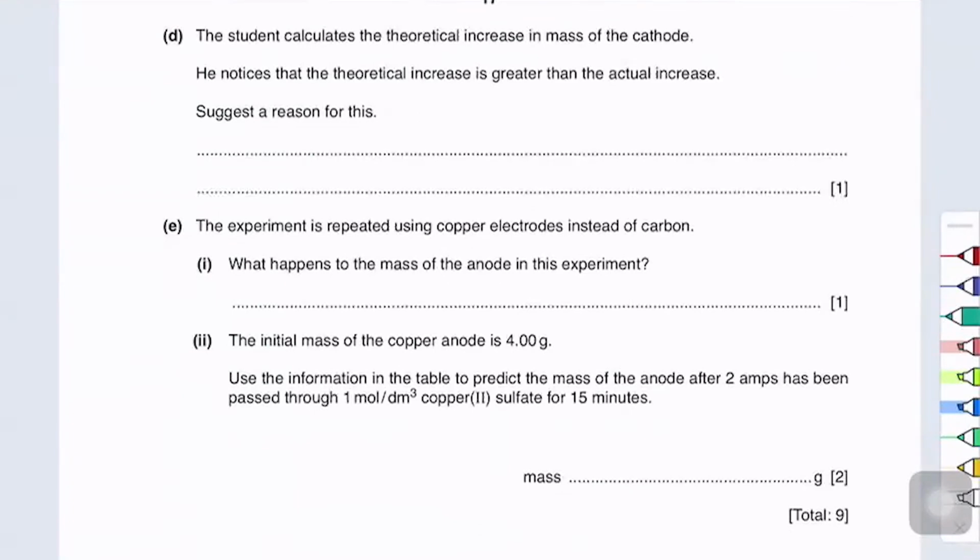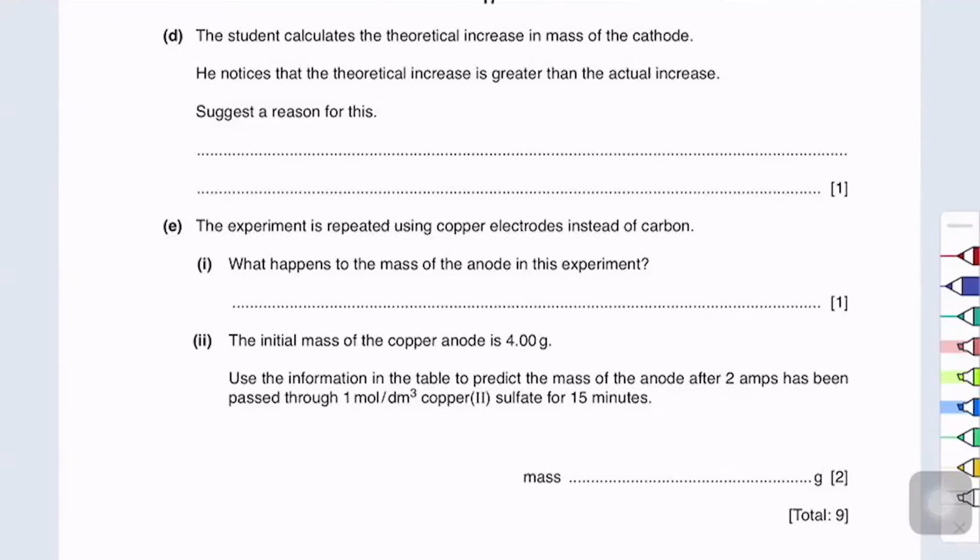The student calculates the theoretical increase in mass of the cathode. He notices that the theoretical increase is greater than the actual increase. Of course, the theoretical increase is greater because what is he doing? He's literally just measuring copper that is deposited on an electrode. And how is he doing that? He's taking it, putting it on a balance, getting it back there. It's natural to lose some of the copper during that process.